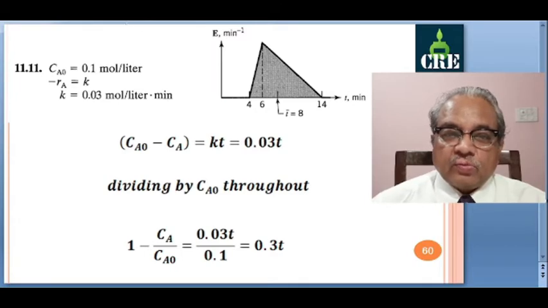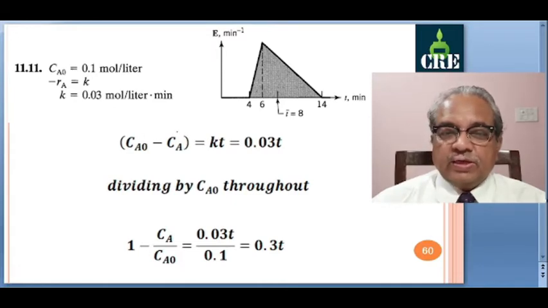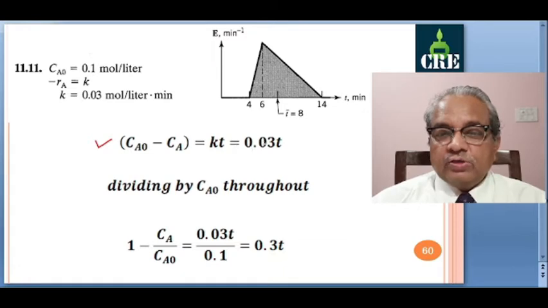Problem 11.11. Again from the same set, Ca0 is equal to 0.1 and minus Ra is equal to k, again zero order. k is 0.03 now. So Ca0 minus Ca, I am writing directly, integral is equal to kt, k is 0.03 t. And we have this shape now where t bar is 8.